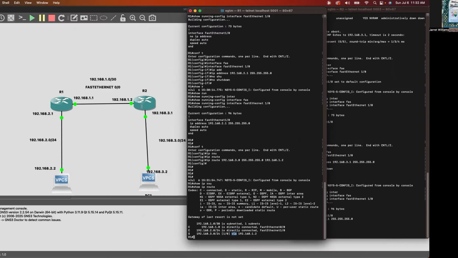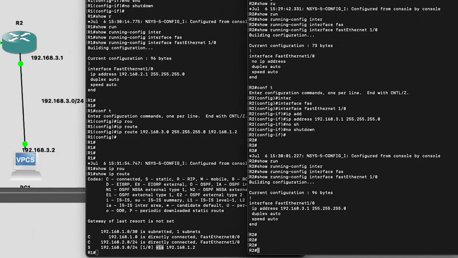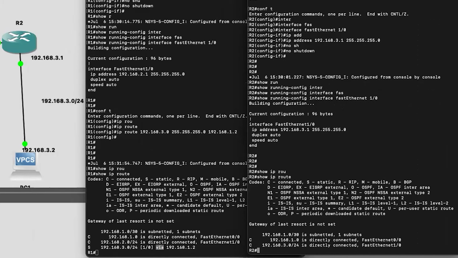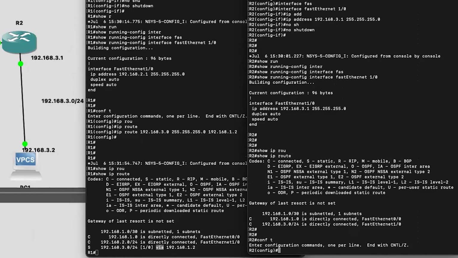Now we got to do the reverse. We got to tell R2 how to get to the 192.168.2 network. So if we come over here to R2, if we look at the routing table right now, it's only the directly connected networks that it knows about. So we got to add this static route. Config T, ip route.